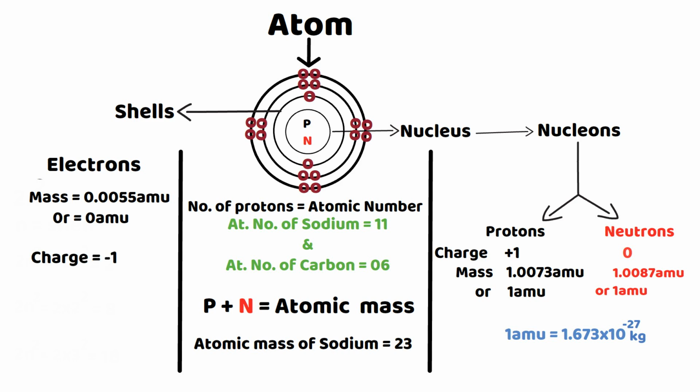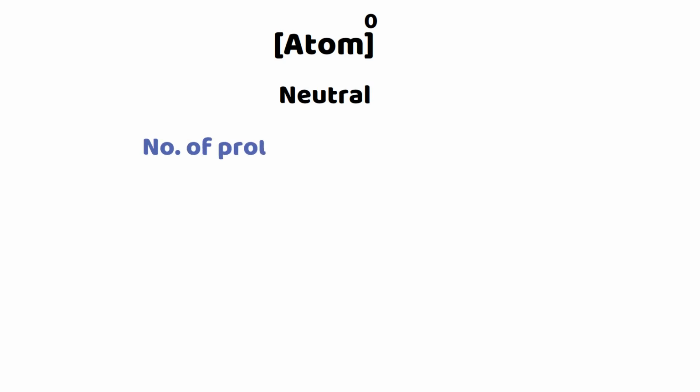Now, these three types of particles which are present in an atom, that is proton, neutron and electrons, are also called subatomic particles. Now, remember, an atom is electrically neutral. It means the number of positively charged protons in the nucleus is always equal to the number of negatively charged electrons present in the shell.